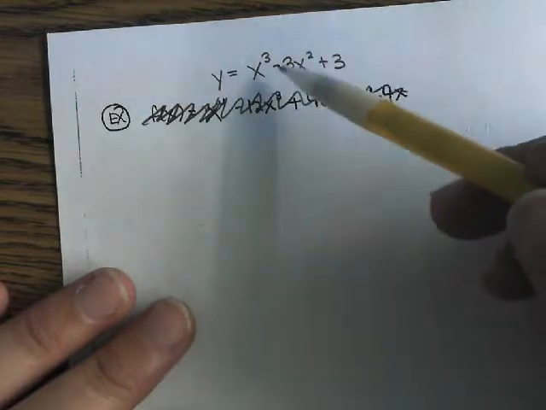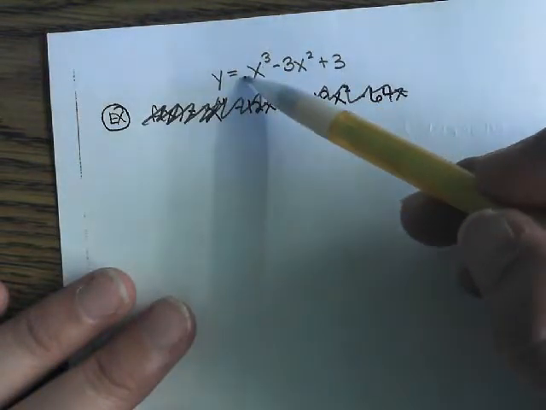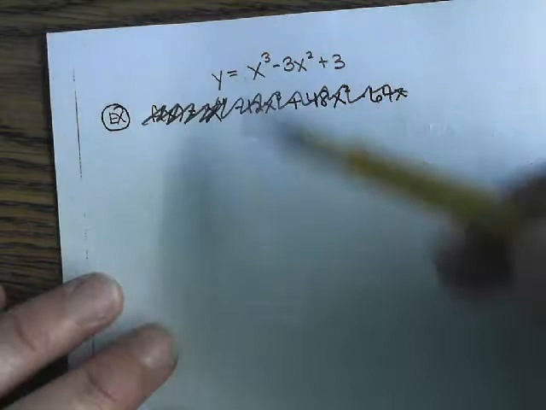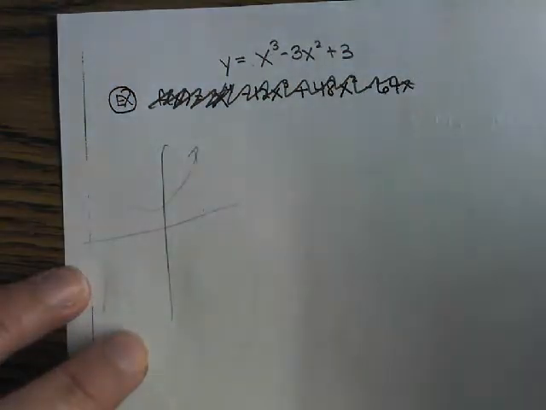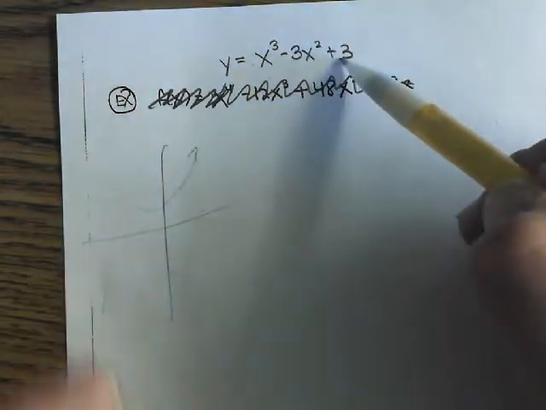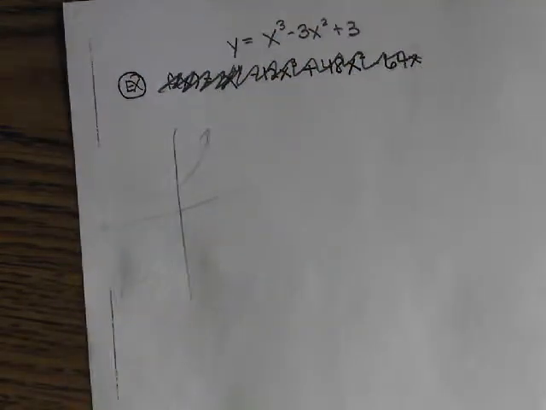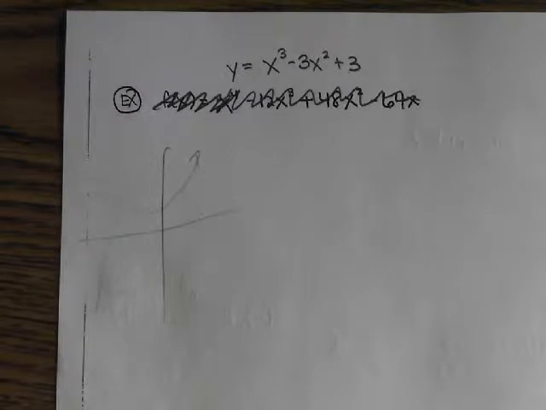Once you're there, you should, again, find your intercepts. What's your y-intercept? 3. What's your x-intercept? You'd have to set it equal to 0, right?